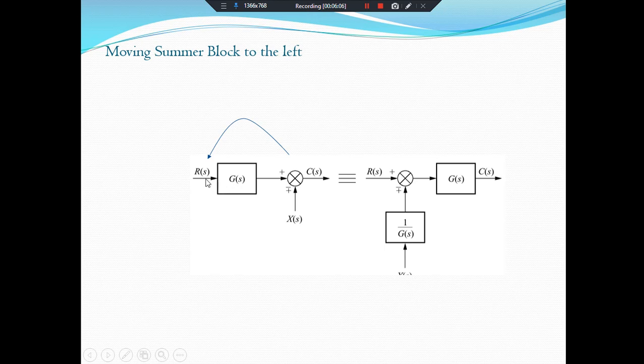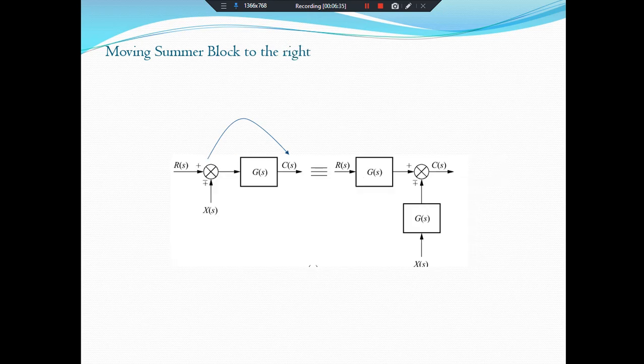This G of S is already multiplying with R of S, not with X of S. If we move the summing junction before it, G of S will be multiplying with both, so our output will be changed. To avoid this, we will multiply X of S with 1 over G of S, so these both will cancel each other out, and the input from X of S will remain X of S, not X of S into G of S. You should remember this point.